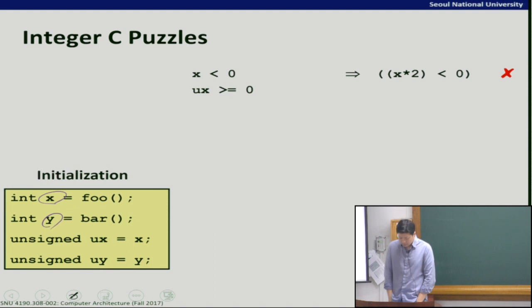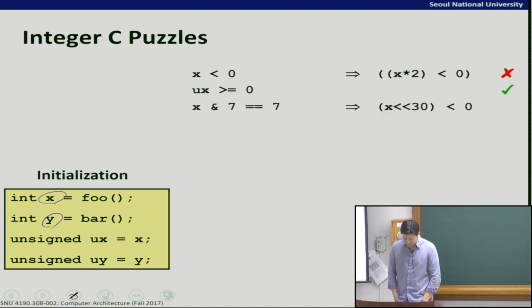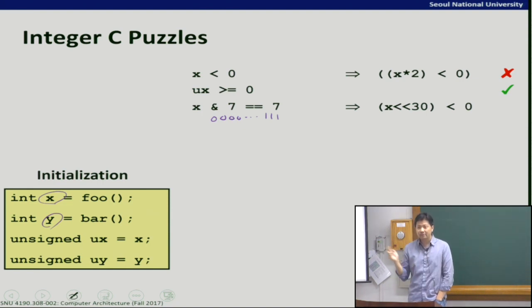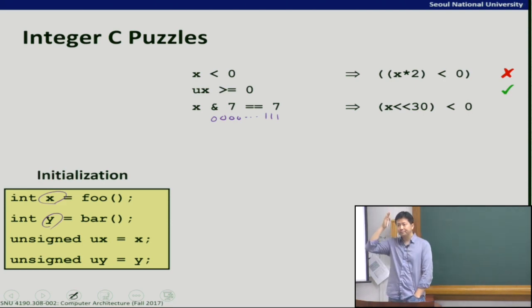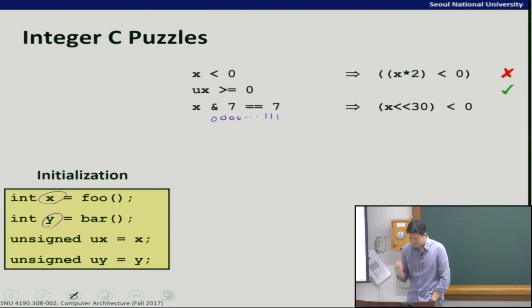Second part, ux is always greater than or equal to 0. Yes, that's true. I'm going to skip some of the easy ones. Now, x AND 7 equals 7 means you do a bitwise AND. 7 is all zeros with three ones in the last 3 bits, so the AND leaves only the last 3 bits of the original operand. If the result is 7, the last 3 bits of x are all ones.